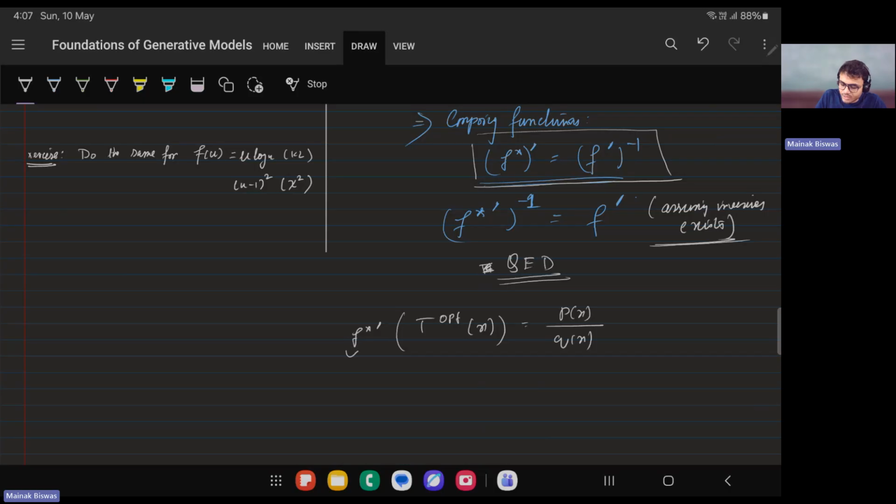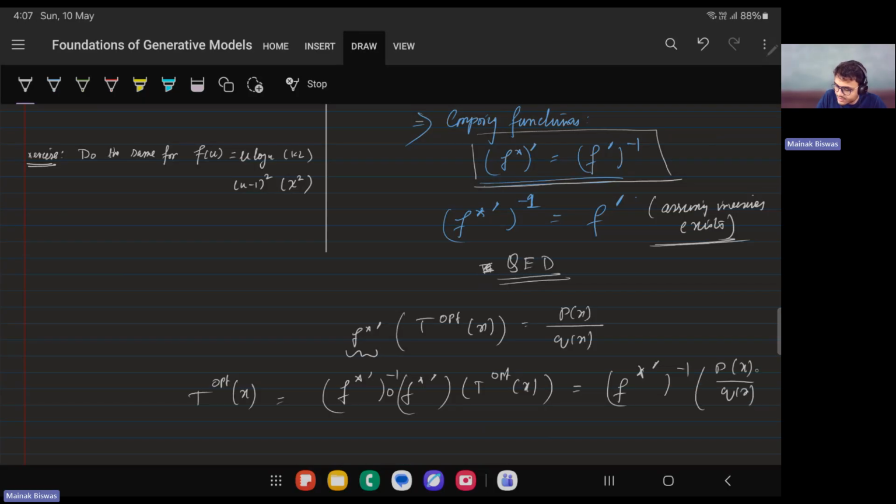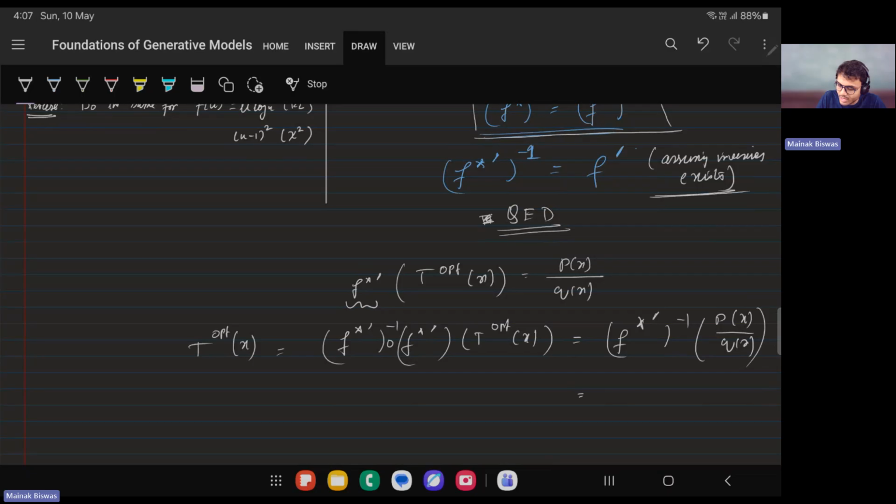So now if I want to take an inverse of this, f star dash inverse of f star dash of t opt of x is equal to t opt of x. This is f star dash inverse of px by qx, which I have shown is equal to f dash of px by qx. Hence proved.